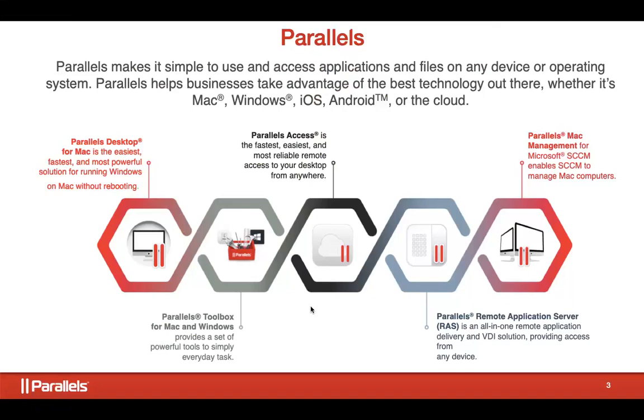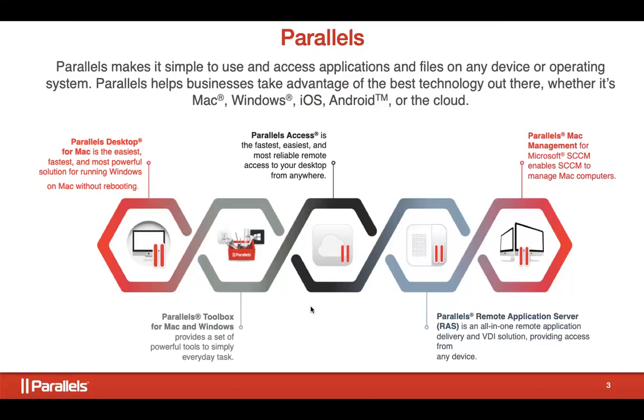We have also other solutions like Parallels Toolbox and Parallels Access, which enables a fast and easy connection between a couple of devices. We have Parallels Mac Management for Microsoft, which is also a nice tool enabling network administrators to connect Mac operating systems to a Windows network and control them efficiently.